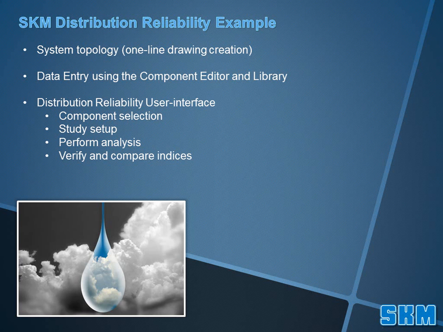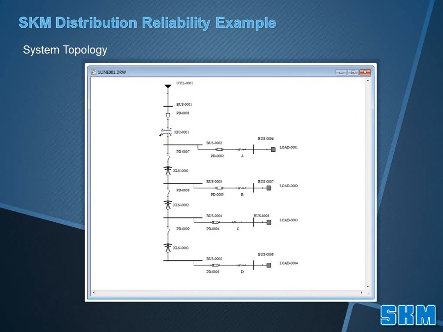One selects components, does a study setup, performs the analysis, and then verifies and compares the indices. Again, these are the steps of running the study. We define the topology by the use of a one-line drawing. The components here are series connected such that there are 4 zones.